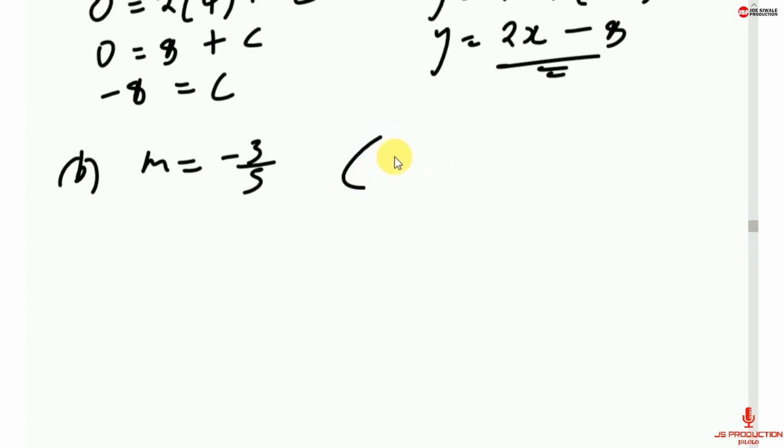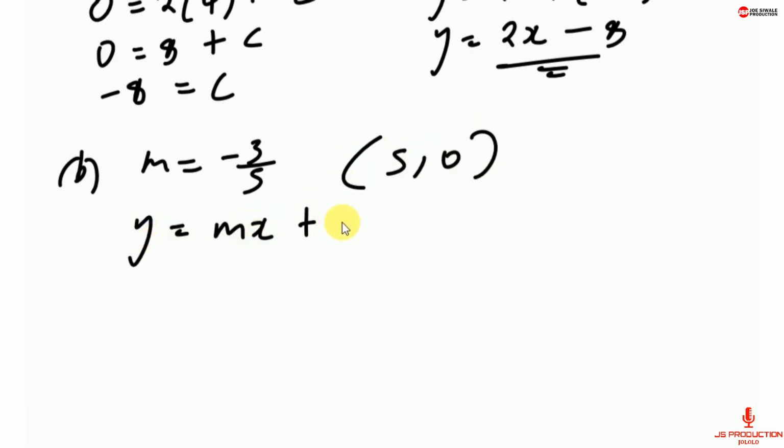So you can say we have 5, 0 there. So we can say y is equal to mx plus c. So we are going to calculate c there, since we don't know c, but we have our x and our y.